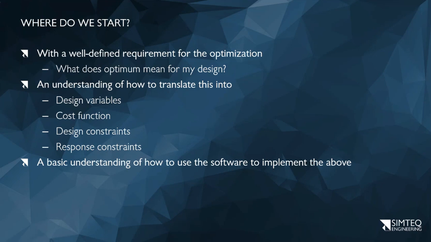Once we want to do things like minimizing the difference between measured results and simulation results, at that point you have to dig a little bit deeper to understand more about cost functions and so on. At that point, it's not a simple minimize mass or maximize stiffness kind of operation. That effectively is where we need to start with design optimization.